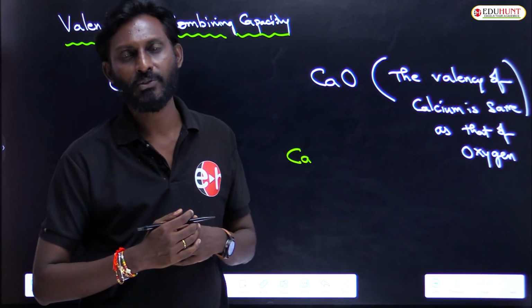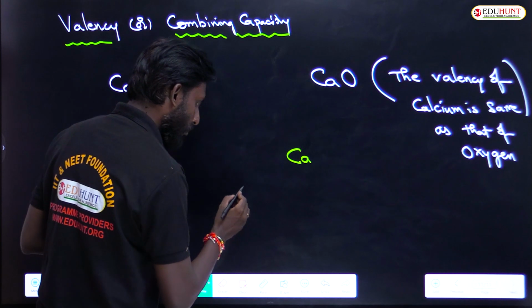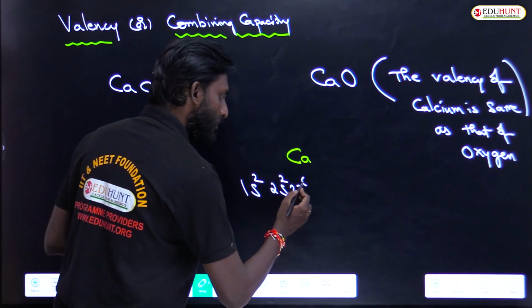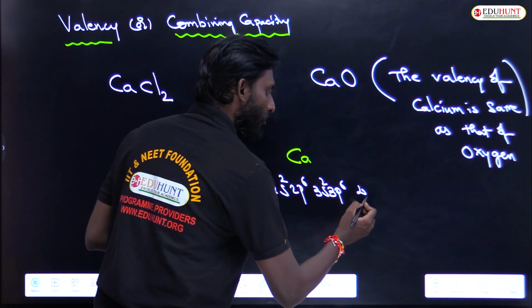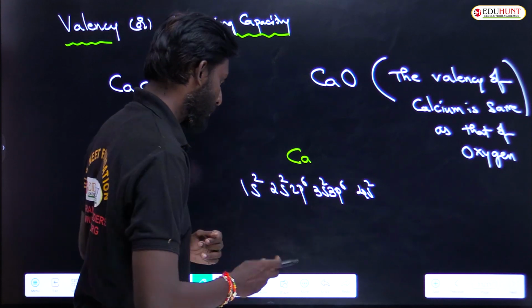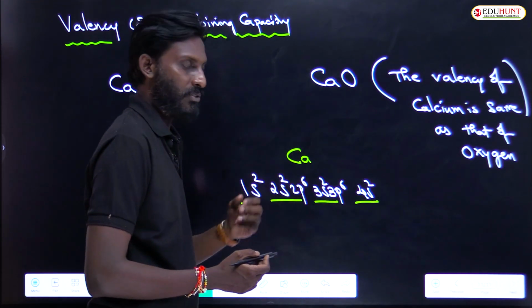Calcium's atomic number is 20. That means calcium is going to have 20 electrons. If you write the configuration: 1s2, 2s2, 2p6, 3s2, 3p6, 4s2, that is 20 electrons. Obviously, first shell, second shell, third shell, the fourth shell is the outermost shell.